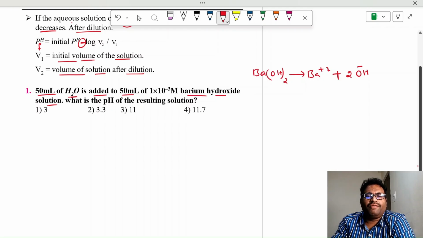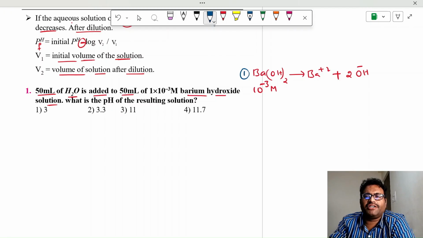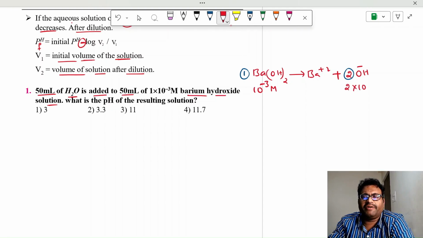Here, what is its concentration given? 10 power minus 3 M. And looking at the equation, we can find that 1 mole of barium hydroxide gives 2 moles of OH minus. So 10 power minus 3 molar gives here 2 into 10 power minus 3 molar.